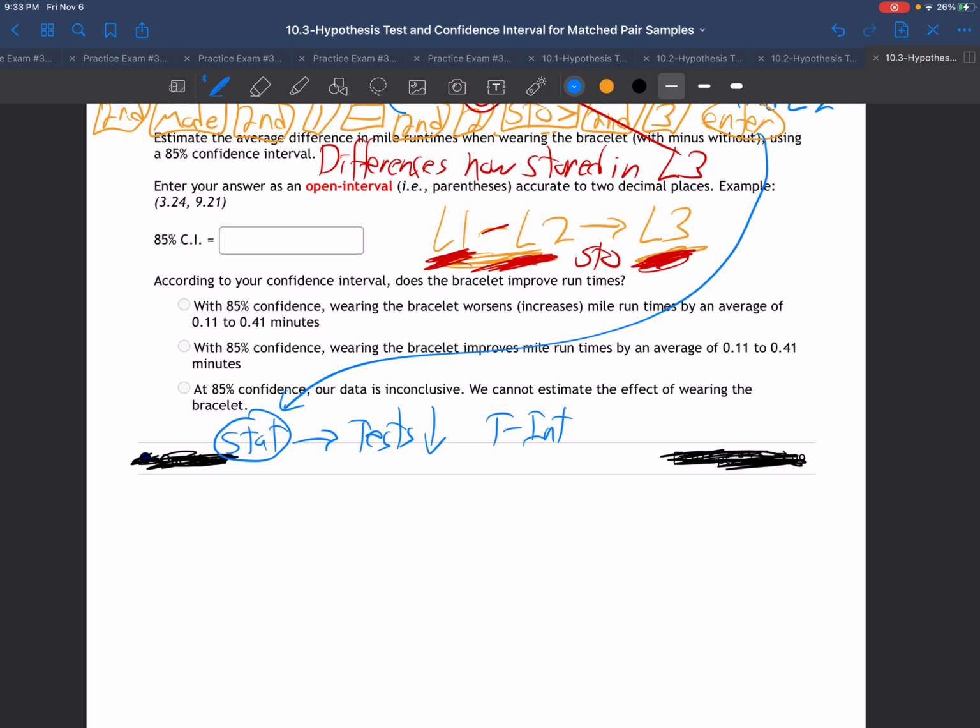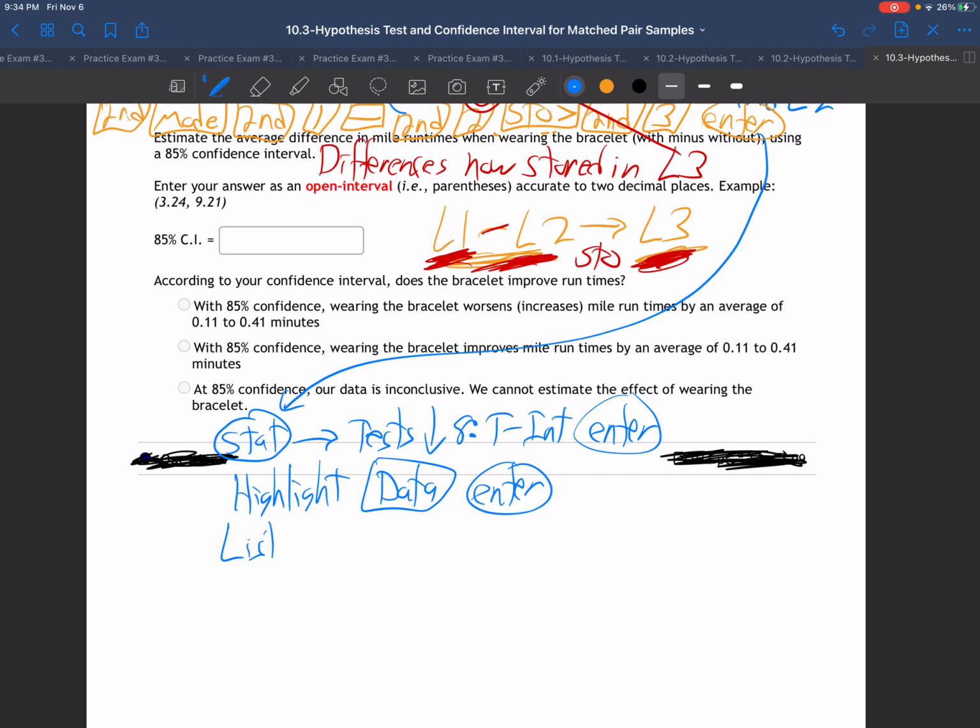So go stat, t-interval. Where is that one? It's number 8. And hit enter. All right, when you do, you can choose data, because now we put in data, didn't we? We spent a lot of time putting in data. Highlight data and hit enter. And when you do, you'll see list. That should say L1.